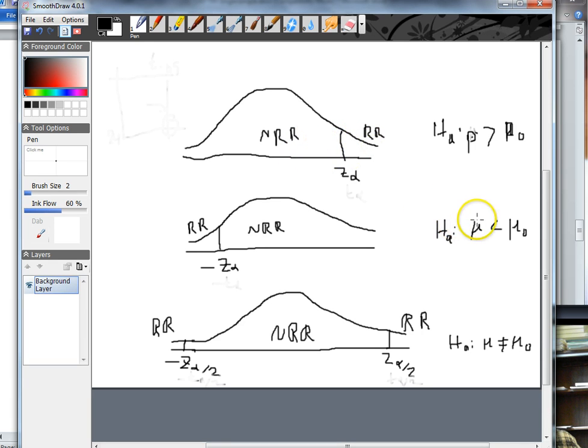If it's a lower tail test, it's going to be p less than p0, and my critical value would be in the lower tail. This would be my rejection region, this is my non-rejection region, and if my z is here, I would reject. If it's up there, I would not reject. And similarly, if p is not equal to p0, then it would be a two-tail test where my rejection region is in both tails, and here is my non-rejection region. So that's the same thing, it doesn't change.